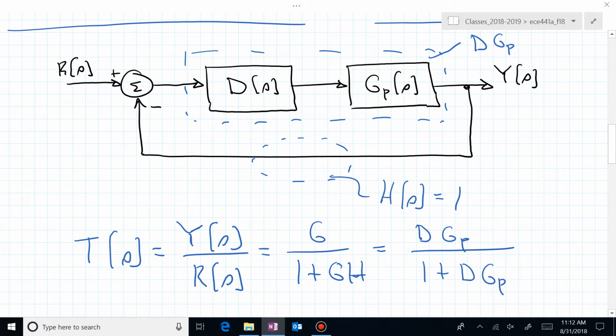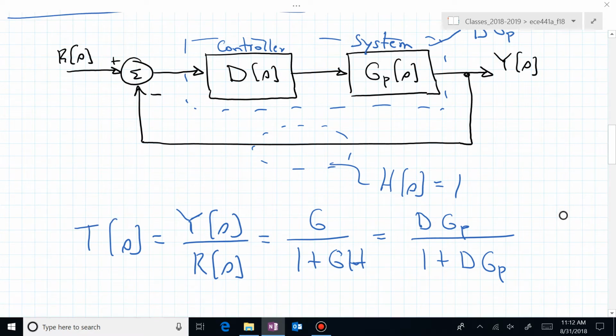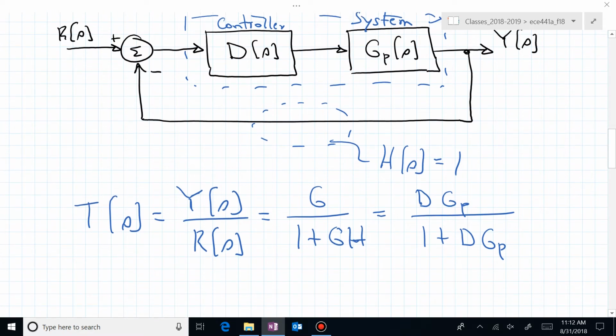And now we see that the transfer function between the reference input R and the output Y in this negative unity configuration with maybe a controller transfer function and a system in the forward path, in the cascade path, we're combining those by simply multiplying them, and we get D G sub P over 1 plus D G sub P for the transfer function there.